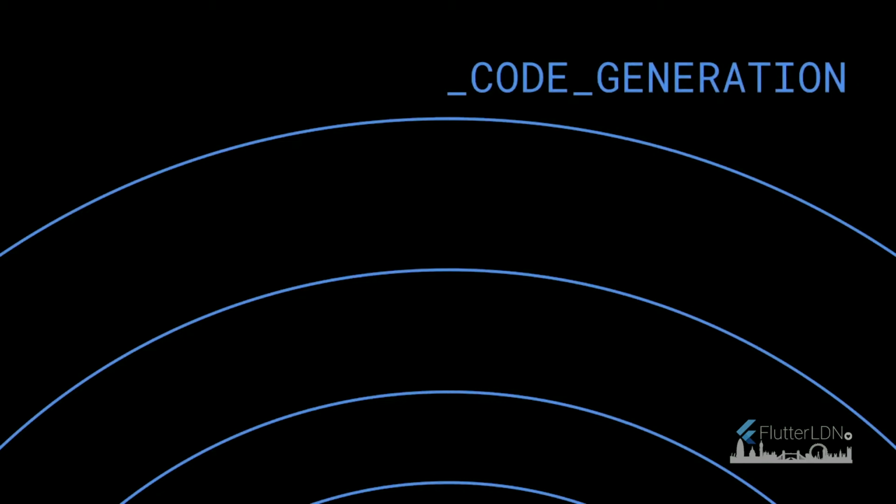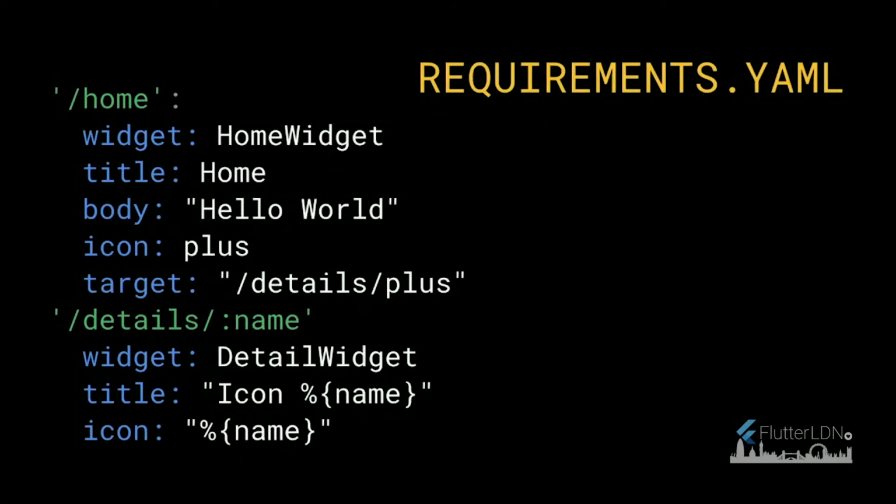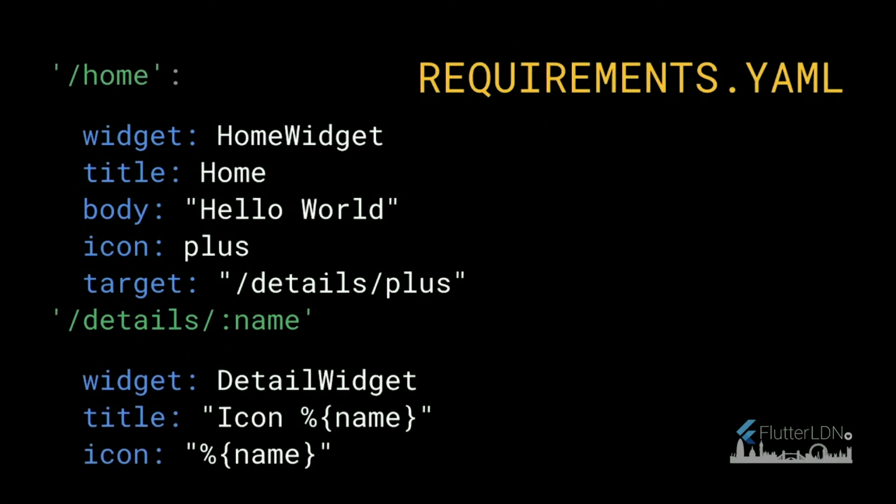Now I'd like to talk more about code generation and how it can help us make all of this even better. A prerequisite to using code generation is supplying a type per each path.